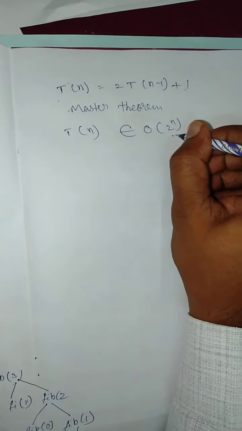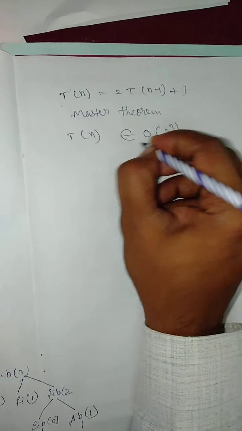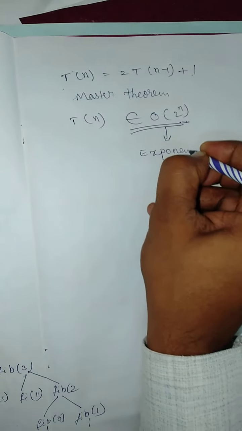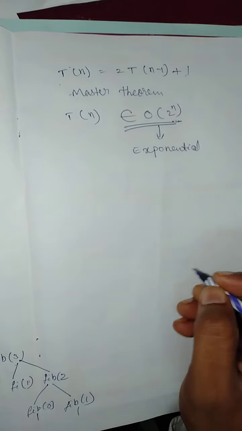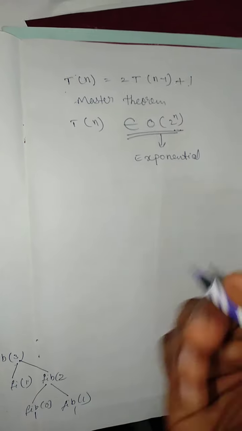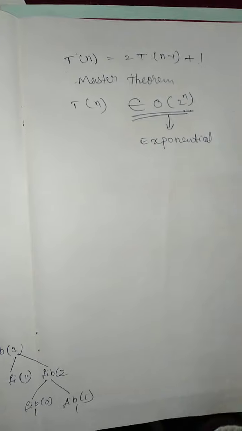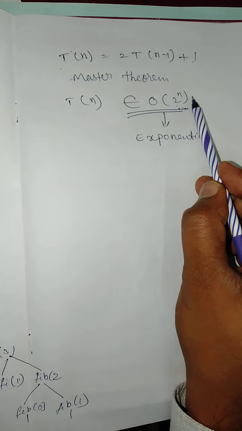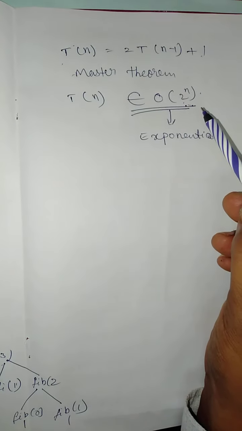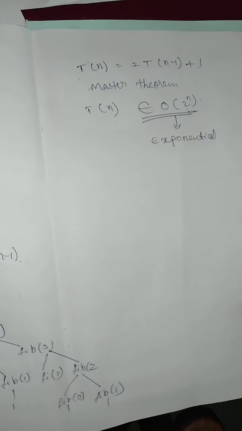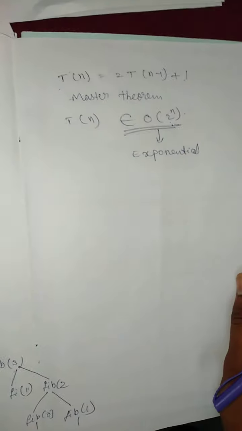Apply the master theorem, okay. So 2 to the power n is exponential in nature. If you have something like n square or n cube, then it is quite acceptable, but 2 to the power n is highly time consuming, right. So that is where dynamic programming comes in.